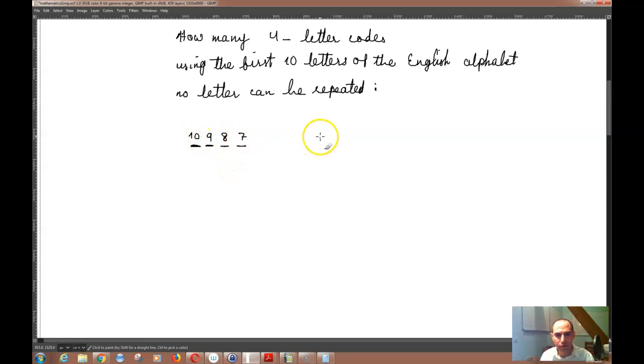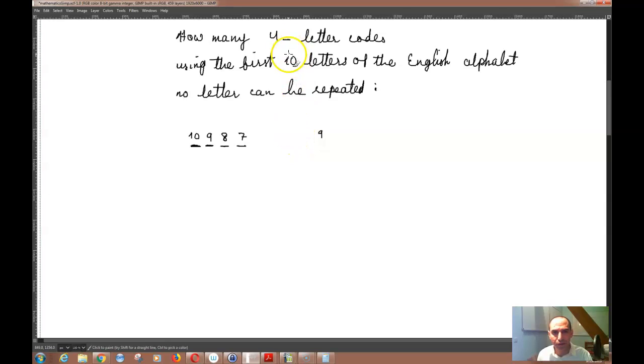That's all the different codes that you can make using these 10 letters.